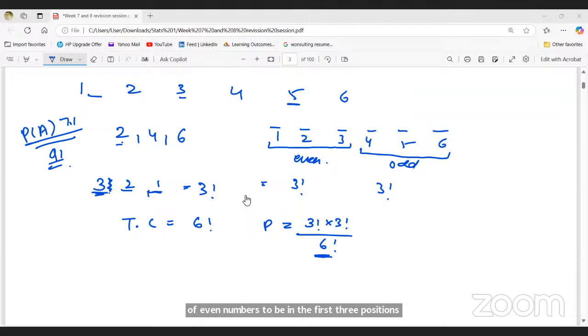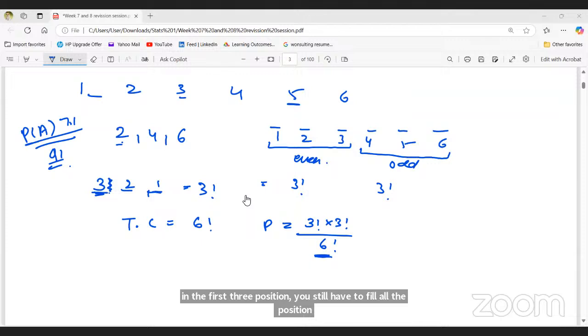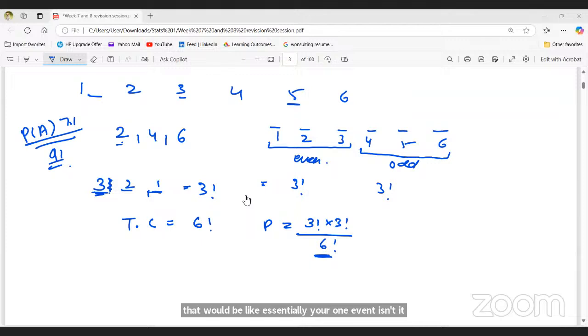But you still have to fill the rest of the positions, right? Even though the question says you have to fill the horses in the first 3 positions, you still have to fill all the positions. That would essentially be your one event. Because there are 6 positions and 6 horses, you have to fill it.